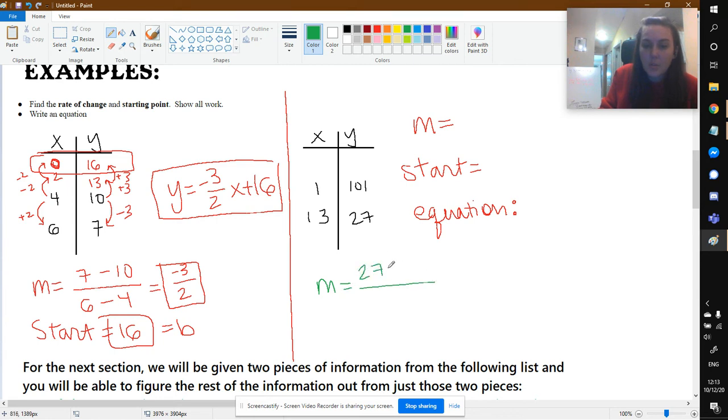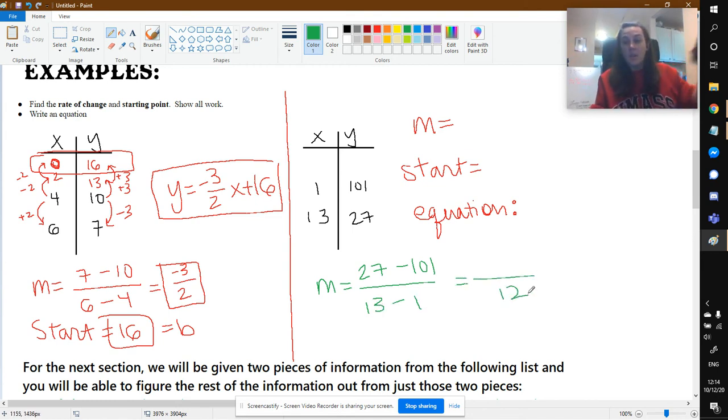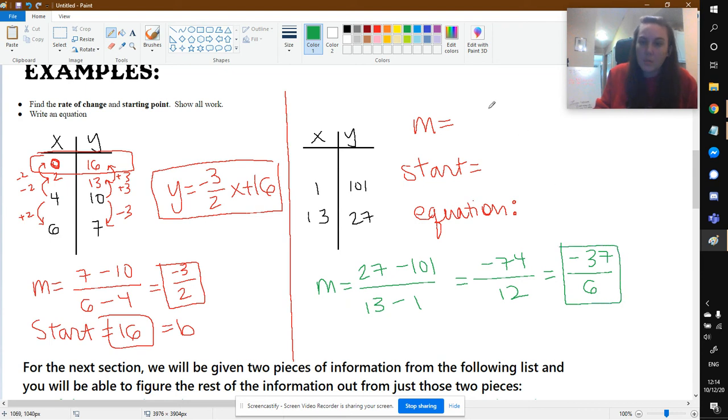I do the second y minus the first y divided by the second x minus the first x. The bottom is easier to do, so I'm going to do 12. I'll grab my calculator and do 27 minus 101, which is negative 74. Negative 74 over 12, both of these can be divided by 2, so we'll get negative 37 over 6, and this is as simple as we can get that.